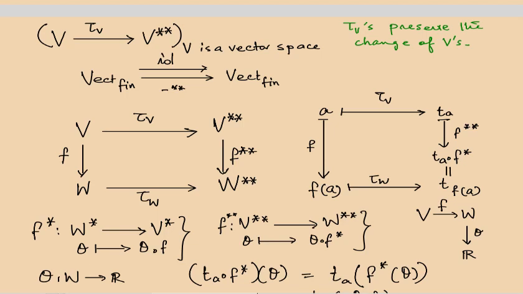This commutativity then tells that both sides will be tau V. So you're going via tau V, change of basis on the double star because of the change of basis here. That is the same as the change of basis and tau V. So tau V actually respects that change of basis.